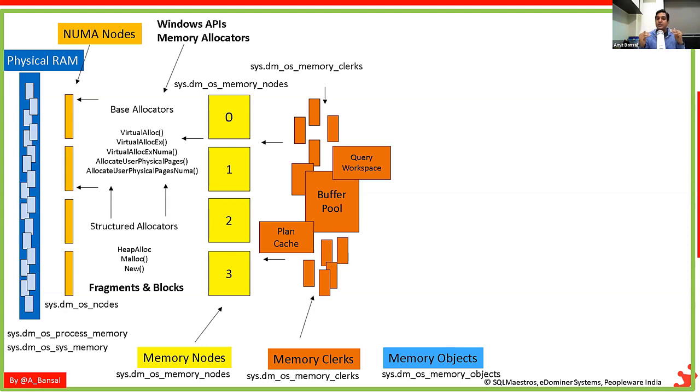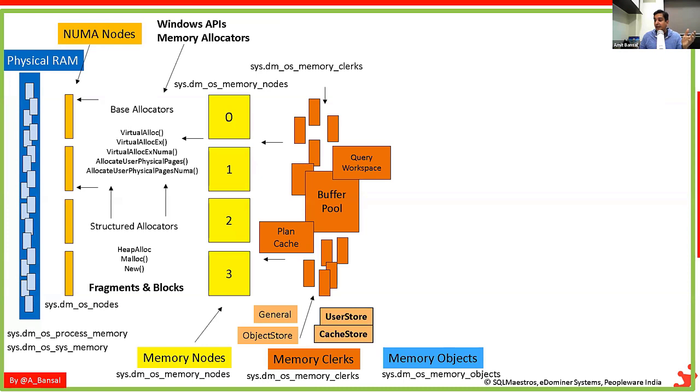So when these consumers need memory, they talk to their clerks, and clerks in turn will request memory via the nodes. So if there is one question that is there in your mind, can I track SQL Server memory consumption component-wise or consumer-wise? The answer is clerks. In the upcoming demos, you will see that I'm going to use these clerks quite frequently to see where is my memory being consumed, not my memory, SQL Server's memory.